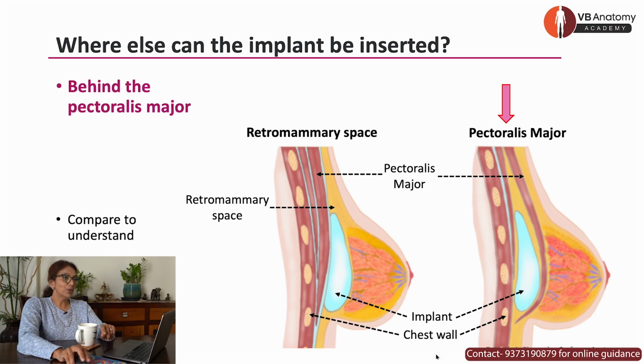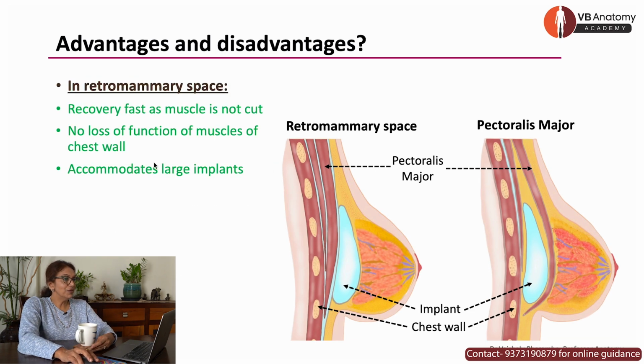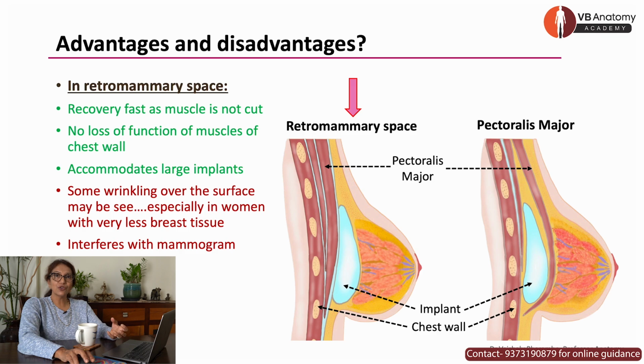Let's compare to understand what is better. If you're putting it in the retromammary space, then the recovery is faster because you're not cutting any muscle. It can accommodate large implants. The problem is that if the patient's actual breast tissue is very low, then the implant itself becomes visible in the form of wrinkling on the surface of the skin. The implant also hampers mammography.